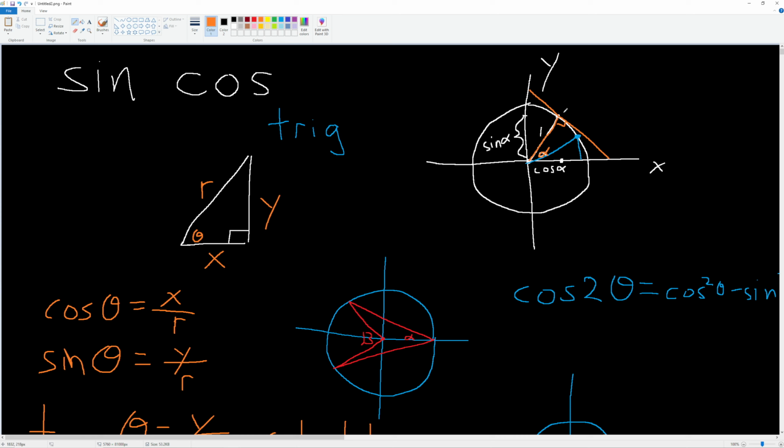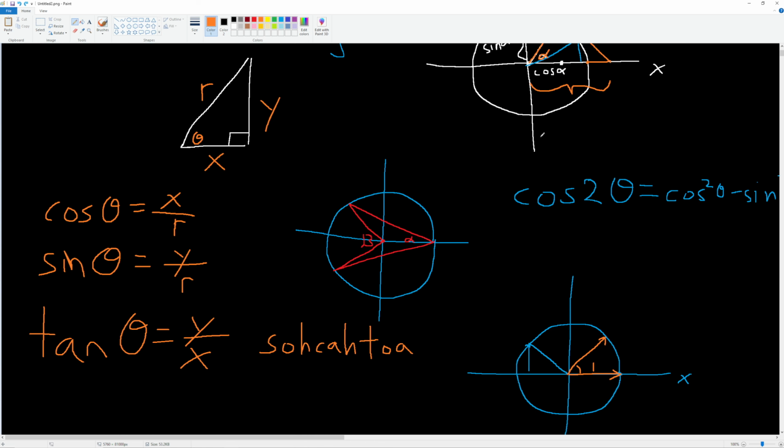But anyway, you can draw this tangent, and then you want to look at certain lengths, like this length here. This will actually be the tangent, and then there's this other length, this bigger one, that's the secant. And over here we have the cotangent, and over here is the cosecant. Okay, so that stuff is interesting also in its own right, but that's enough of this, I think, generally for today.